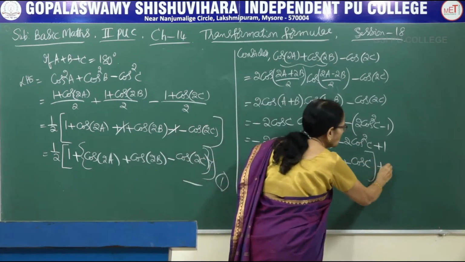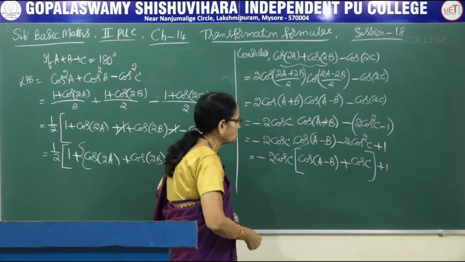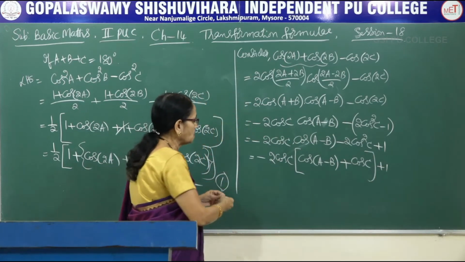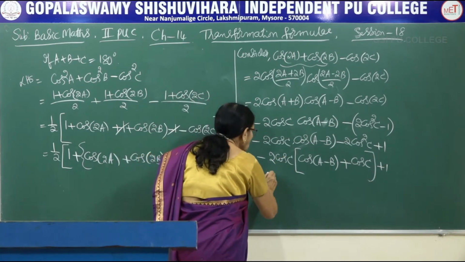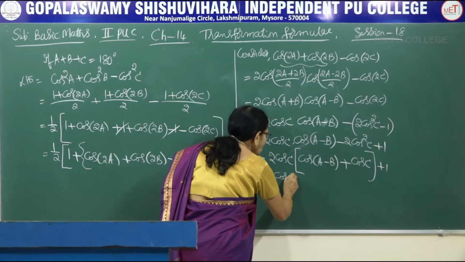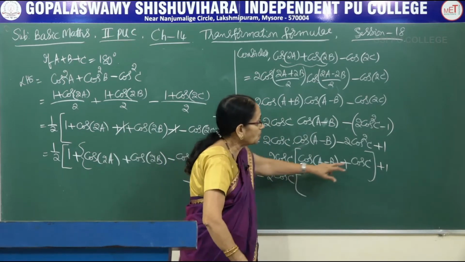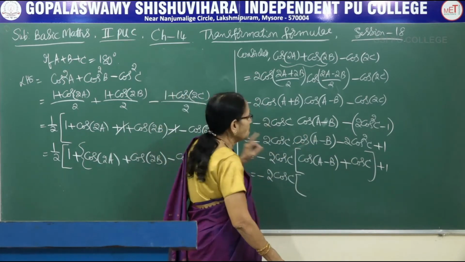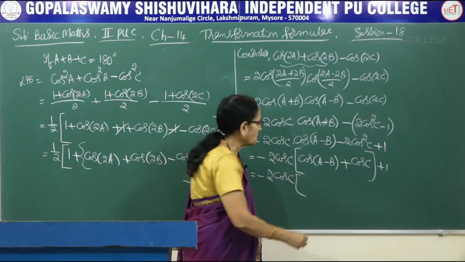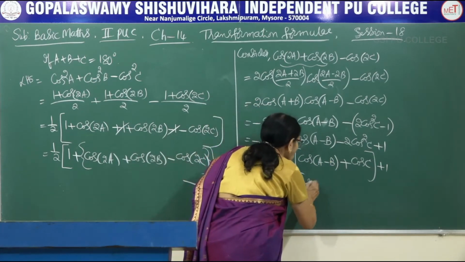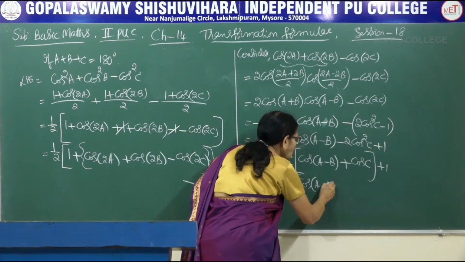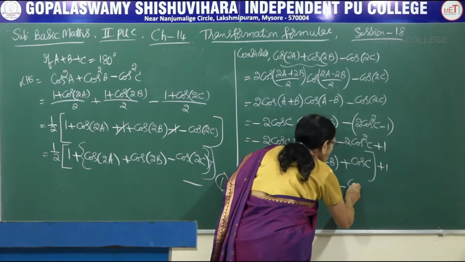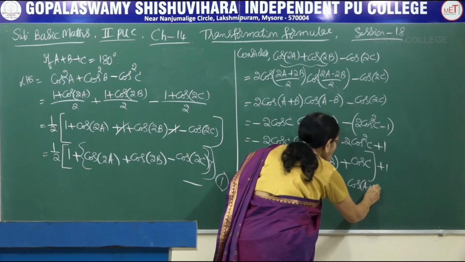Now this number 1 you write as it is. Now inside this one bracket, I am again using that information, that is C would be equal to 180 minus of (A plus B). Again applying the allied angle rule, we get the minus sign. So it is cos of (A minus B) minus cos of (A plus B).